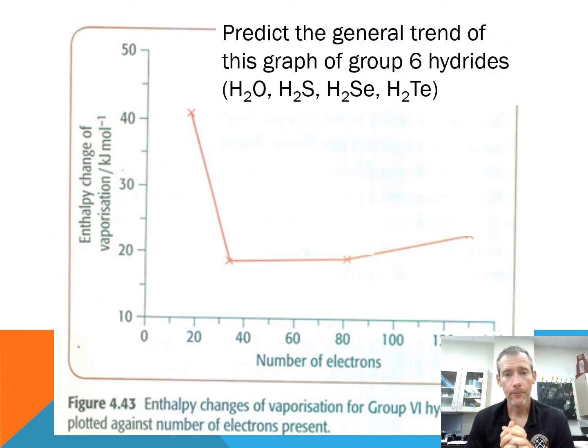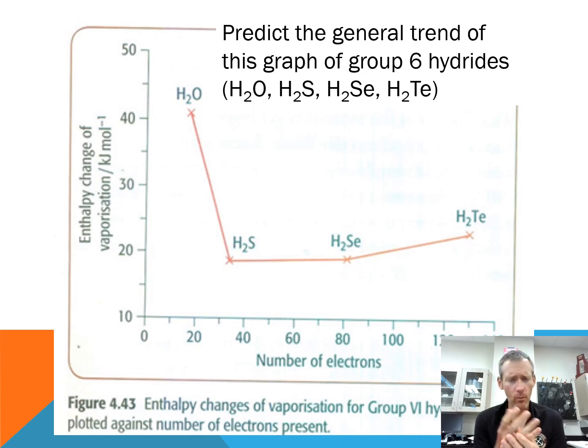So predict the trend of this group. Water should be first, and then you should have H2S, H2Se, and then H2Te at the end. Okay, so again, it's just like the boiling points. Water is going to have the highest because of hydrogen bonding, and then there's a slow increase as you go down the periodic table because of the size of the atom, causing more van der Waals forces in these structures.